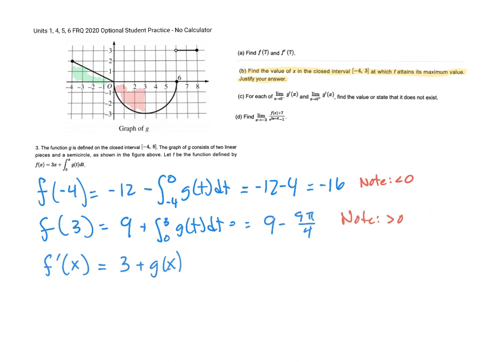And if we're going to look for critical points, we just set that equal to 0. So that occurs when g of x is negative 3. G of x is negative 3 right here at x equals 3. So this implies that x equals 3, and we've already checked x equals 3.